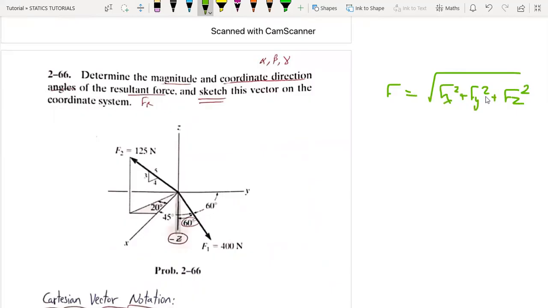But we should know that the unit vector, which has the magnitude of 1 and the same direction as the vector, and is also dimensionless, can be written in terms of the coordinate direction angles alpha, beta, and gamma.